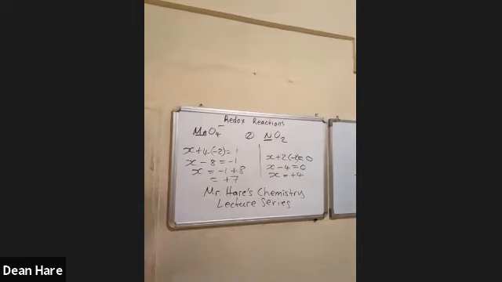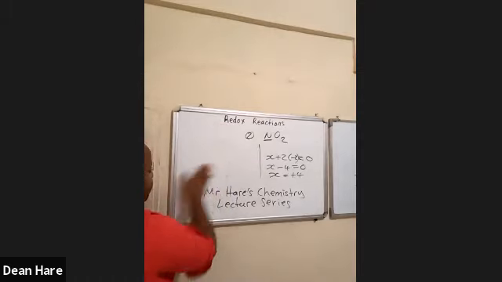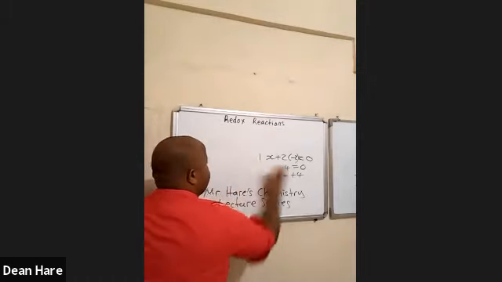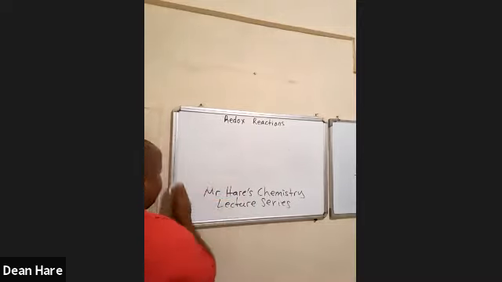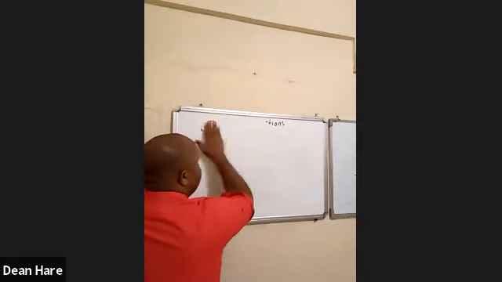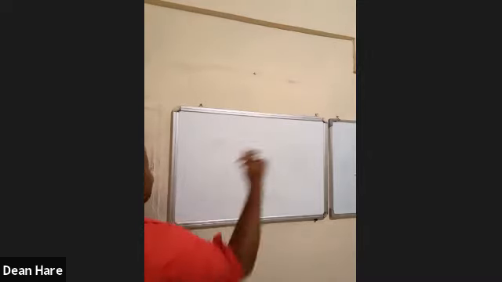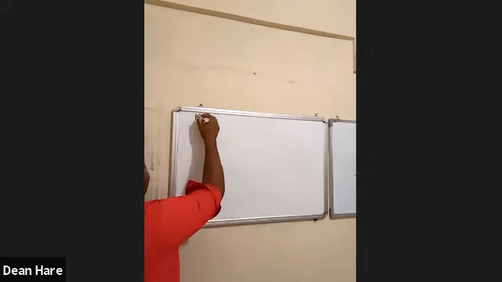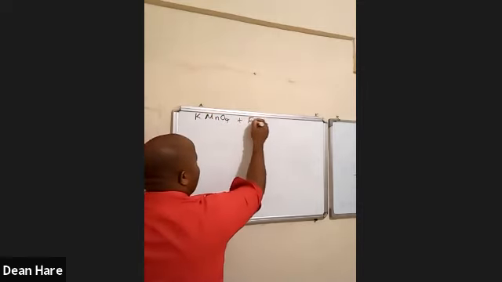All right, so we're going to move on now to balancing redox reactions. And the example I'm going to start off with is the reaction between potassium permanganate and iron sulfate.